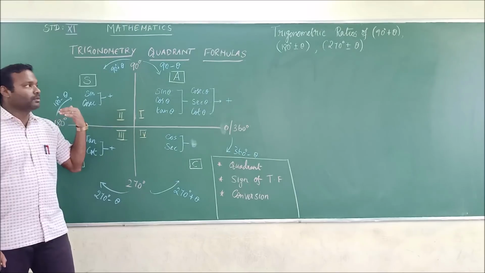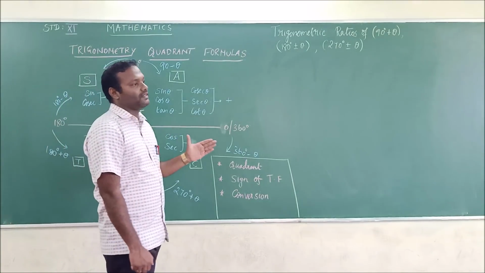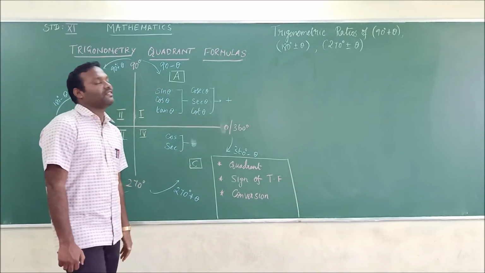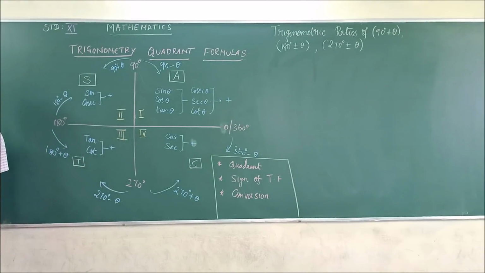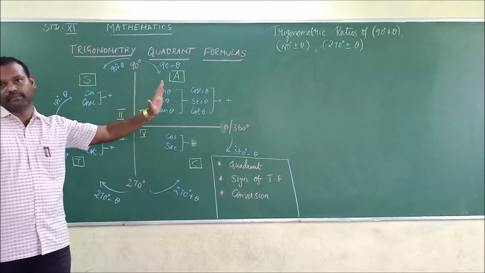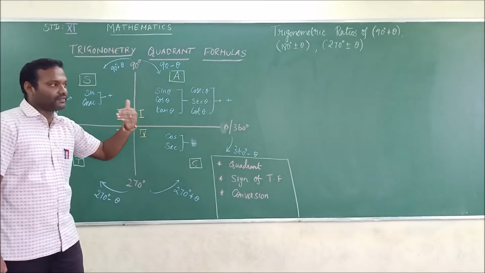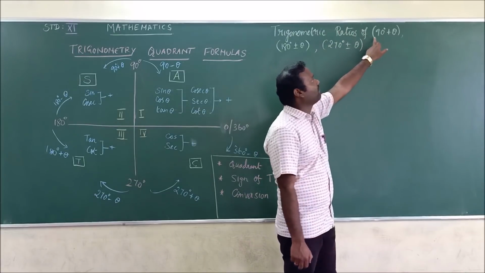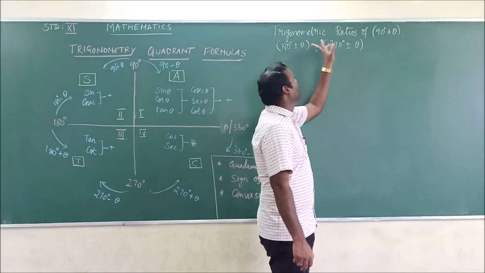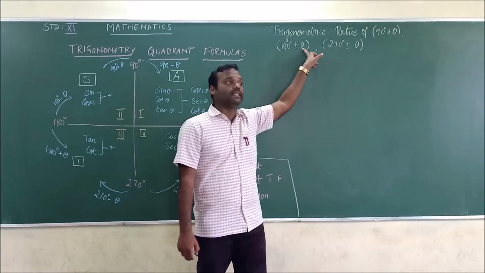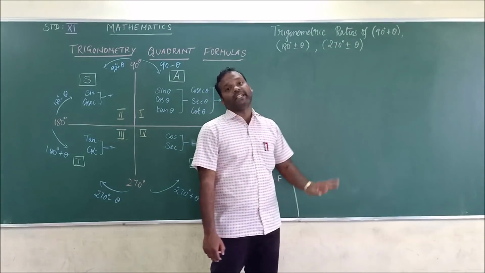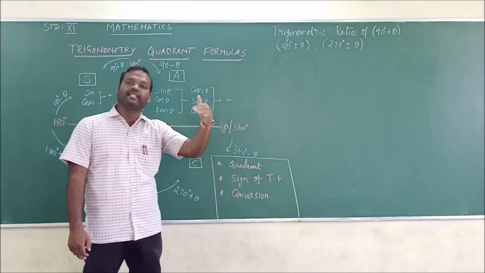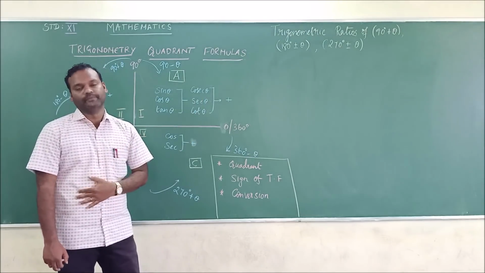So in 10th standard you have discussed the trigonometric ratios of complementary angles, that is 90 minus theta. As the extension of that, you have to be familiar with the trigonometric ratios of 90 plus theta, 180 plus or minus theta, 270 plus or minus theta, and in the same way 360 plus or minus theta.